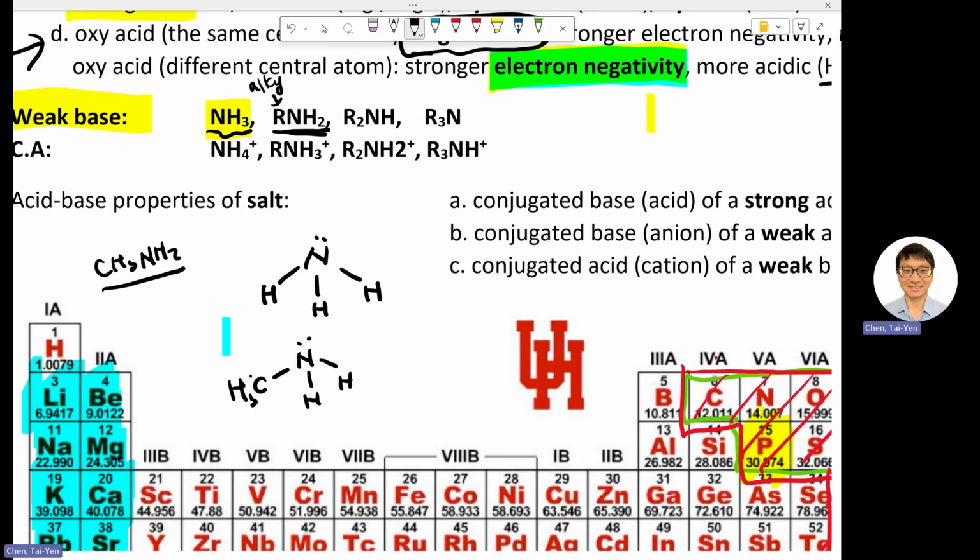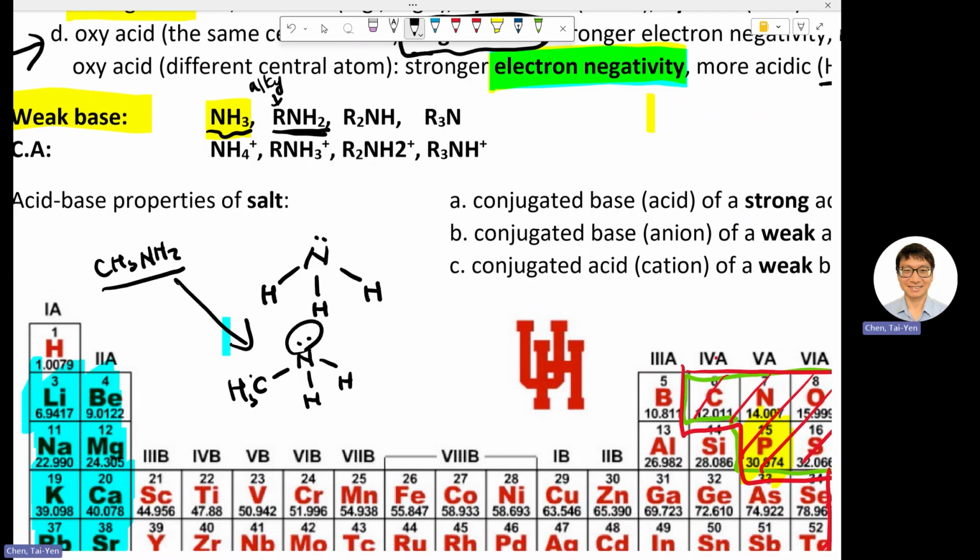This is something you're going to see frequently when you look at your homework. You need to recognize that structure-wise. It looks like this. You should see that the nitrogen is still attached to hydrogens and 1 CH3. Typically chemists use the R group to represent those alkyl chains, but the structure is still the same.